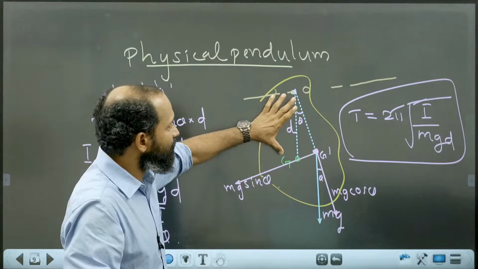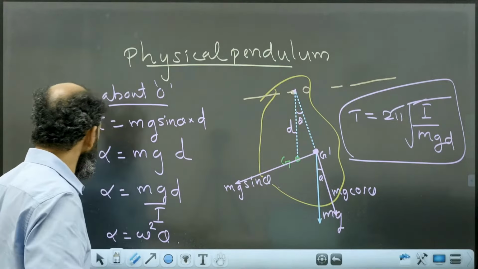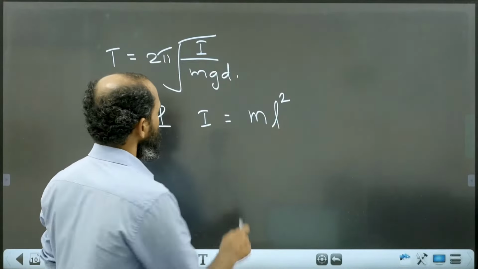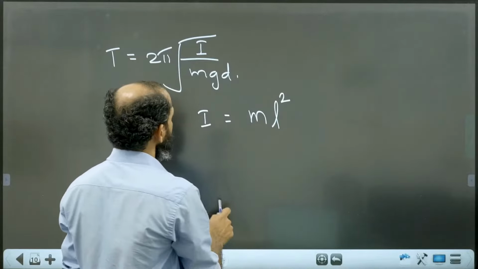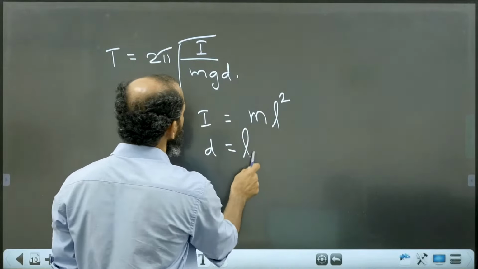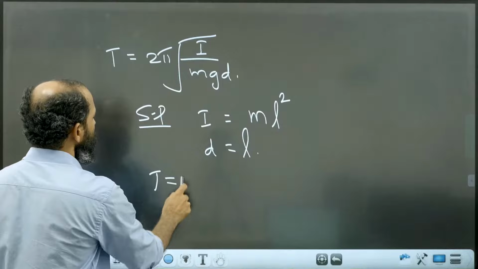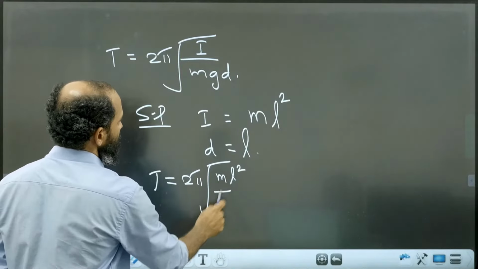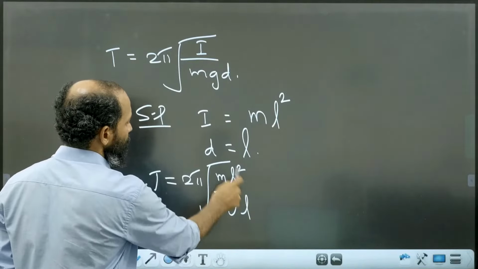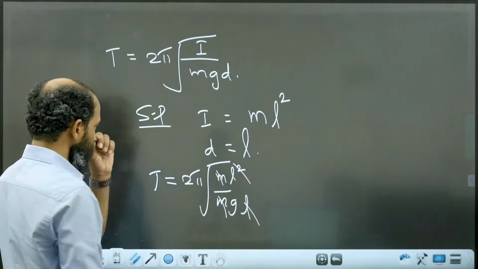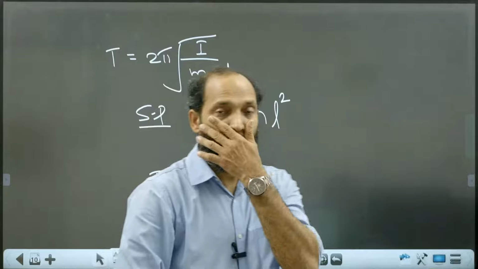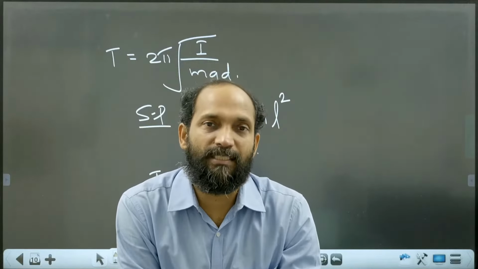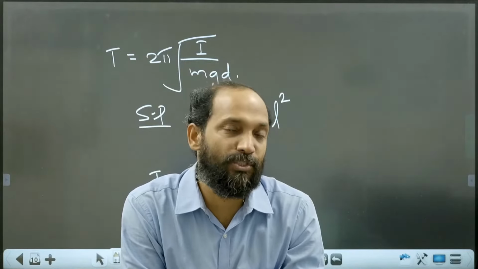That distance is d. Here, for the simple pendulum, d is replaced by L, so I is mL square, and d is equal to L. So time period is 2 pi root of mL square divided by mgL. L cancels, m cancels, you get 2 pi root L by g. Time period is 2 pi root L by g.